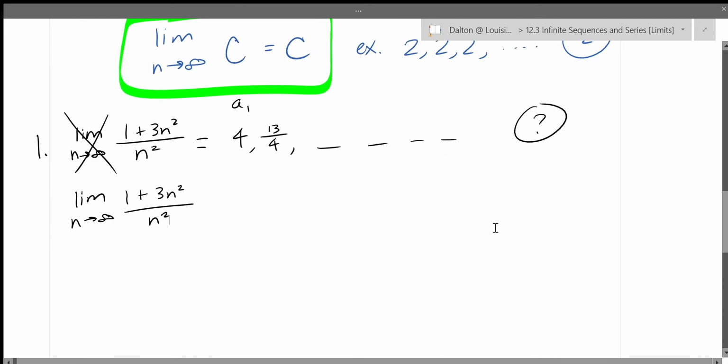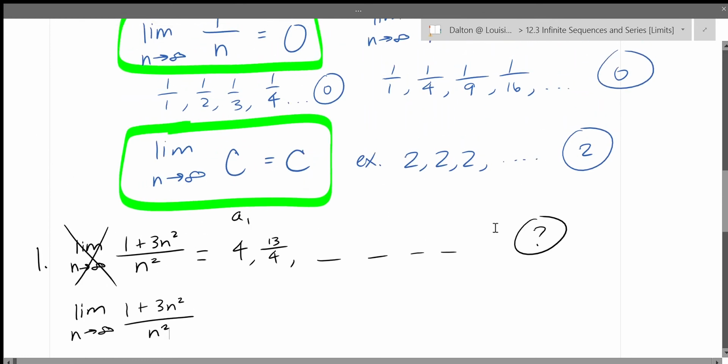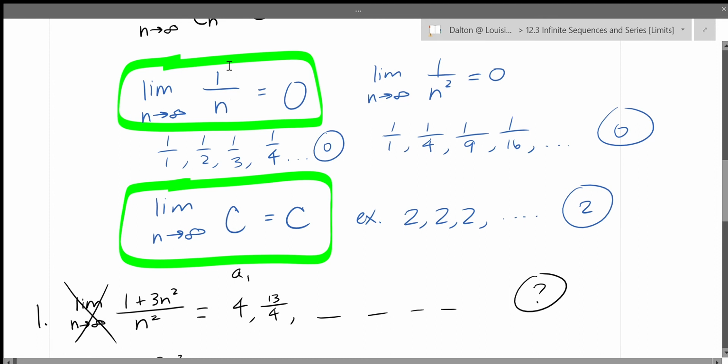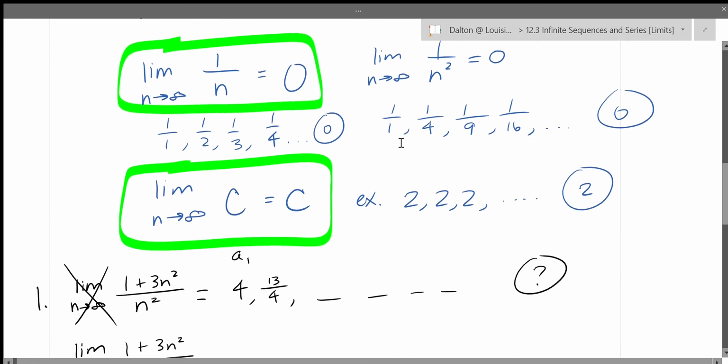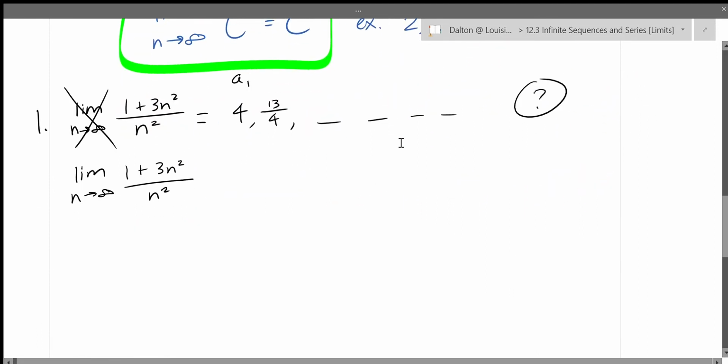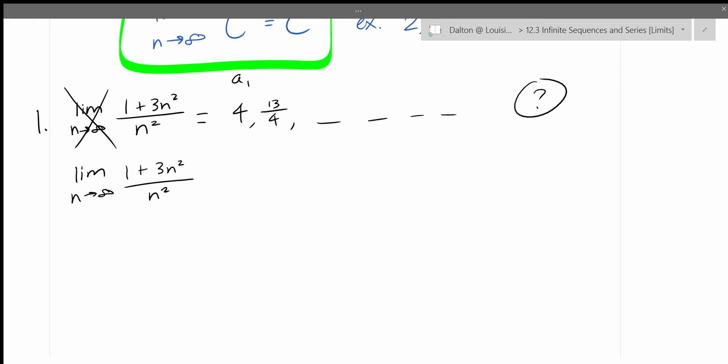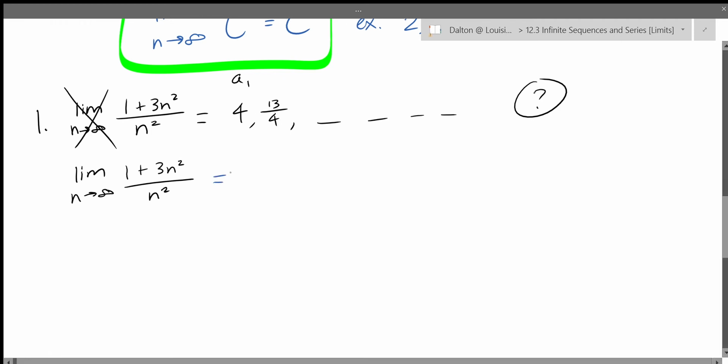So here's what you're going to do. You know the limit of 1 over n, or 1 over some form of n, and you know the limits of constants. So one of the strategies you're going to use is to break up or rewrite your division like this.